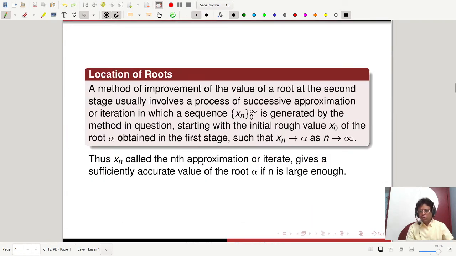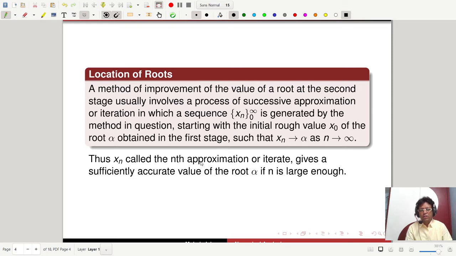Now, in location of the roots, a method of improvement of the value of the root at the second stage usually involves a process of successive approximations or iteration, in which a sequence x_n is generated by the method in question. So, in any method, you have to find the sequence of iterations, starting with the initial rough value x naught of the root alpha obtained in the first stage.